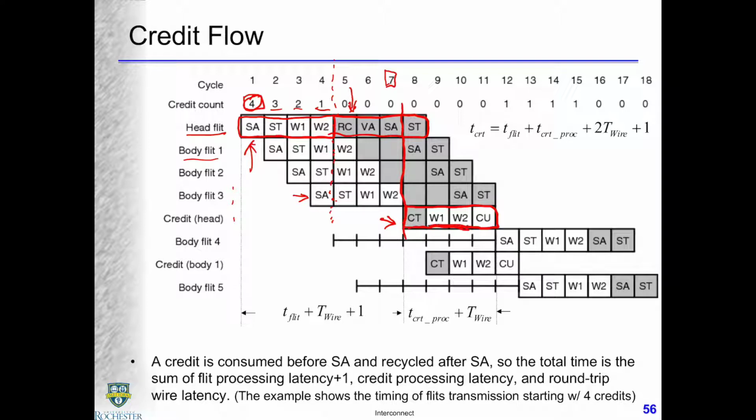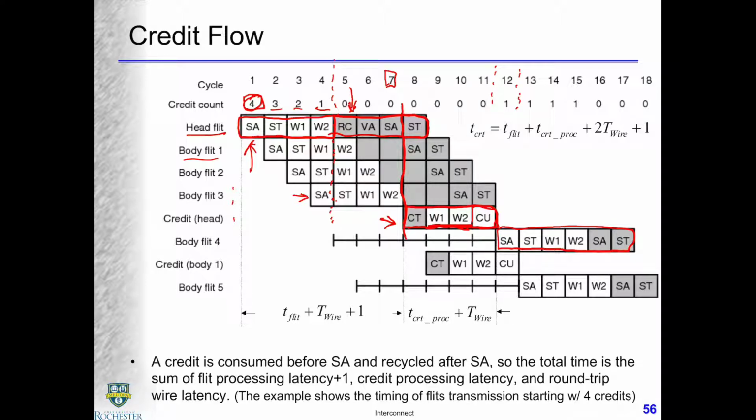Okay, it takes the same amount of time to go backwards on the wire, takes a cycle again to update. So at the end of cycle 11, so cycle 12, we know we have 1 credit. That's why at that cycle we allow body flit 4 to be switch allocated and potentially winning the switch, and we go.